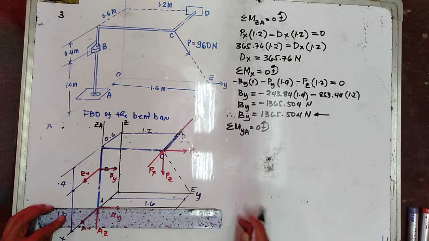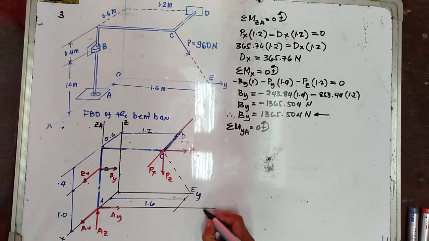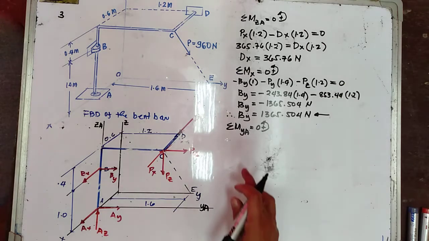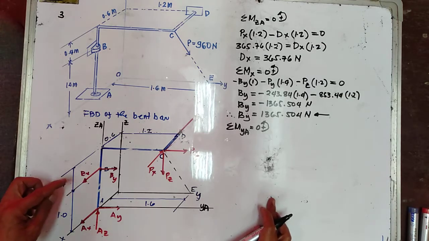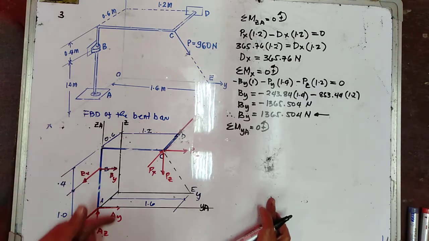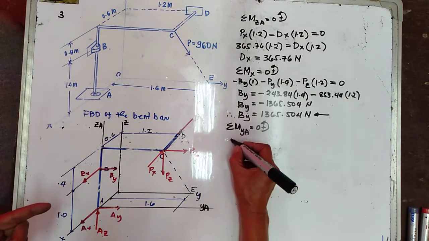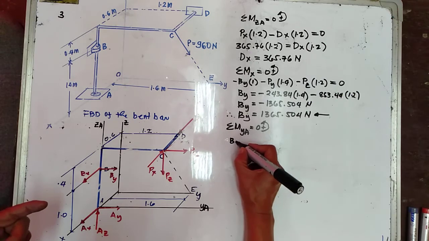And this is now your axis YA. So we have your BX is going counterclockwise about YA. So that is now BX.